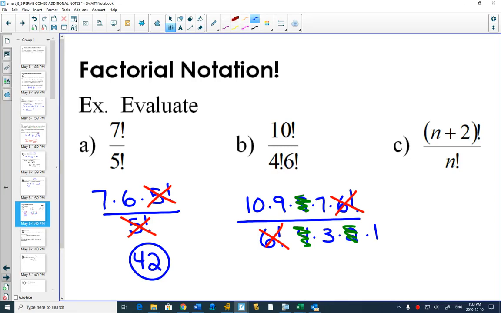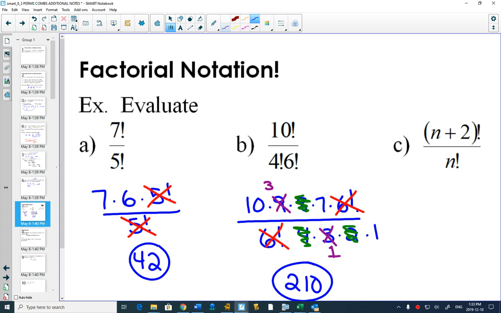Well, the 6 factorials, that makes sense. 4 times 2 canceled out with 8. The 9 and the 3 I'm going to cancel out because that would simplify to leave me with a 3 and a 1. So now what's left? It's kind of messy. On the top, I have 10 times 3 times 7. On the bottom, everything canceled out, so it's just 1. So that would leave me with 3 times 7 is 21 times 10, 210.